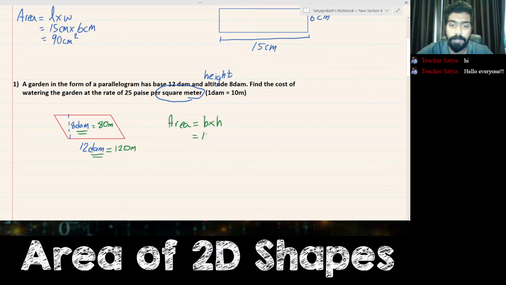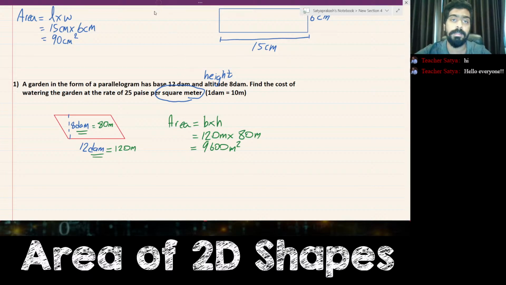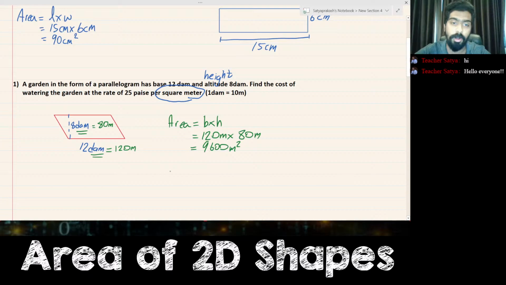So we would have 120 meter multiplied by 80 meter, which would give us 9,600 square meter, right guys? 9,600 square meter. Now in order to find the cost, cost is equal to 9,600 multiplied by 25 paise.